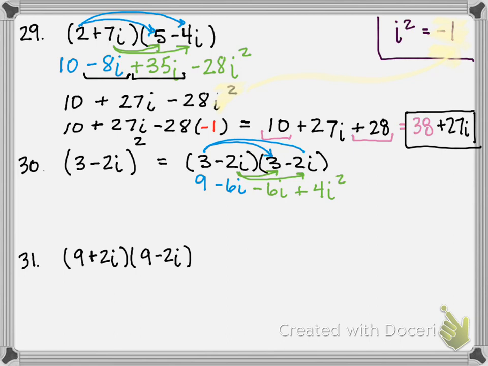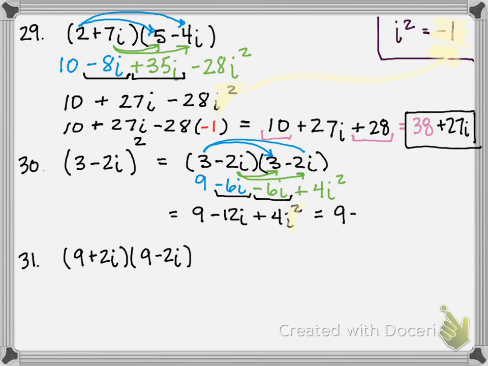Work towards combining some like terms. Negative 6i minus 6i, those are like terms, so we're going to have 9 minus 12i plus 4i squared, and everything looks nice and simplified except that we see again this i squared. So we're going to have to replace that with a negative 1.